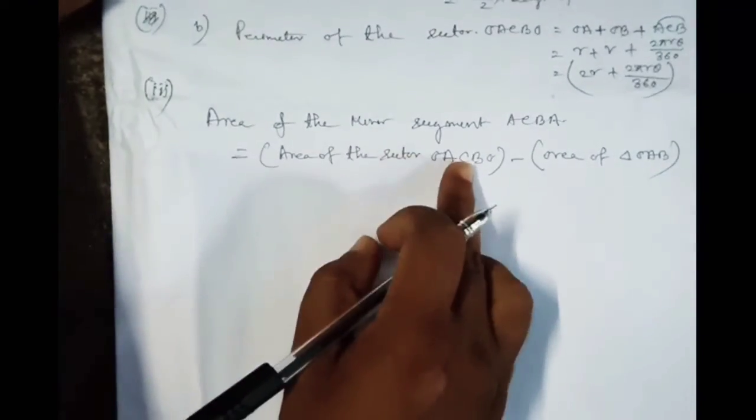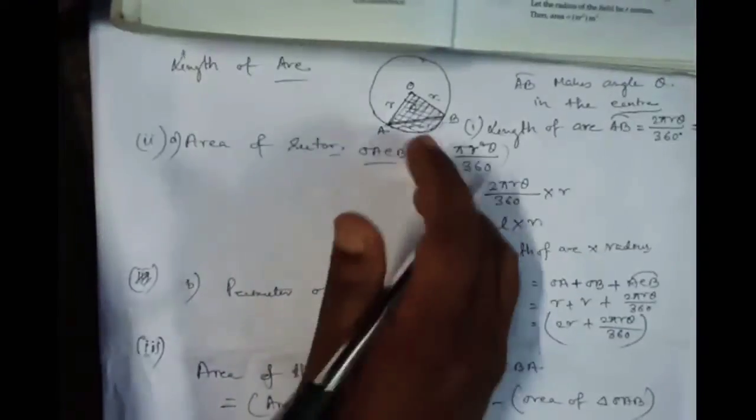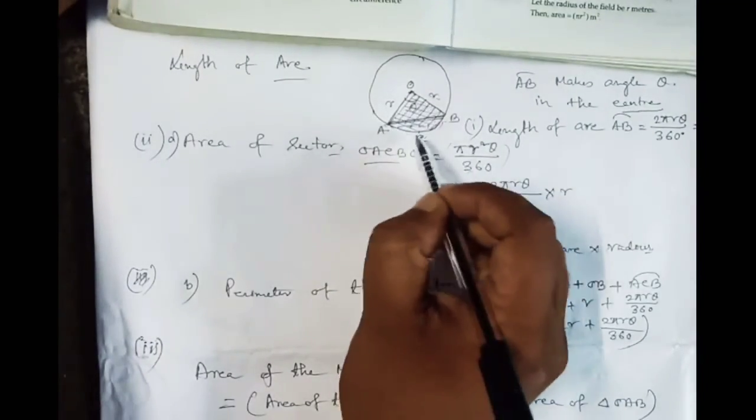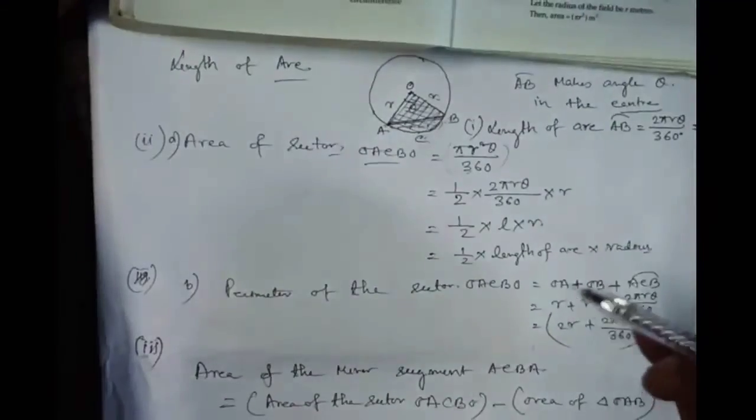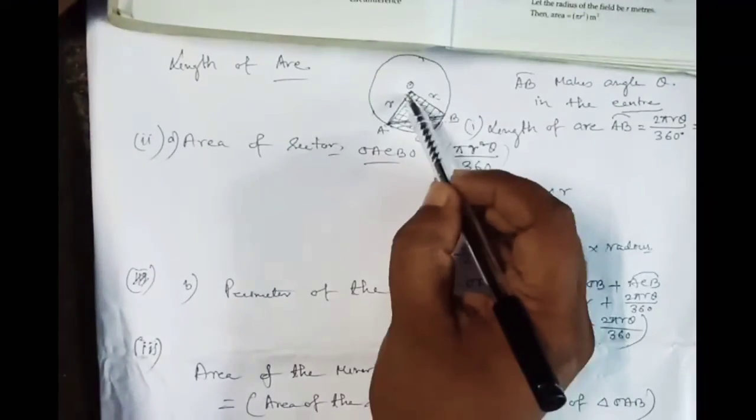Hope you will be able to understand. That is, area of this sector OACBO minus area of OAB. Understood?